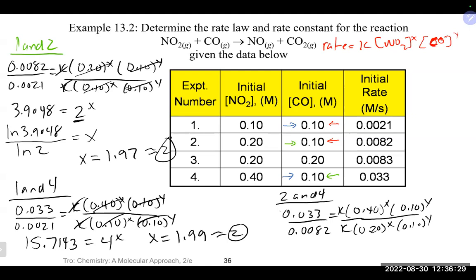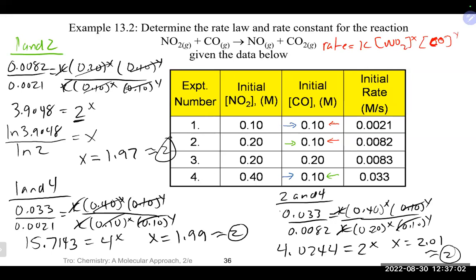Once again, here we'll take 0.033 divided by 0.0082, 4.0244, we'll call it. These guys will cancel. That's going to give us a 2 to the X. Once again, these will completely cancel. Doing the natural log of both sides there gets us actually like an X value of 2.01, which again is approximately 2.